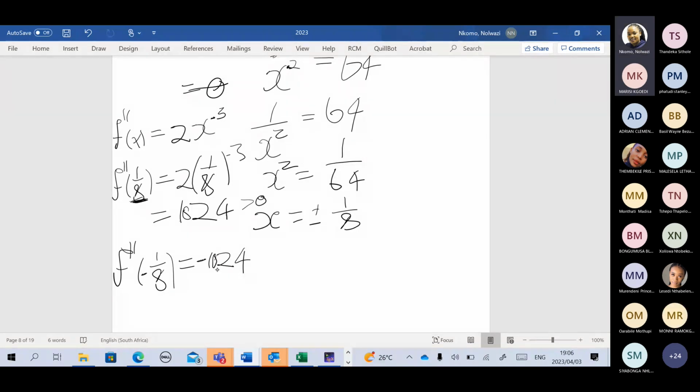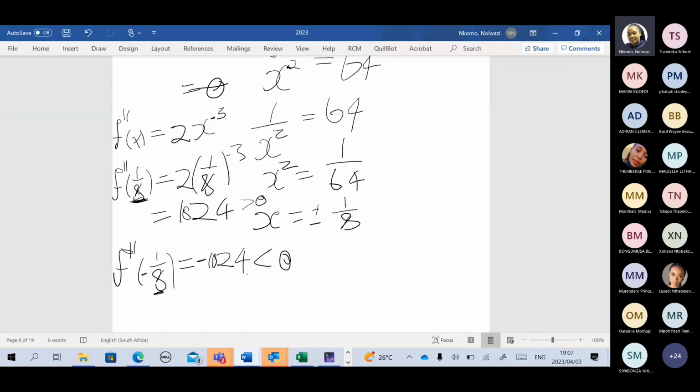Since this is negative, less than 0, the point where x is equal to minus 1 over 8 is the maximum point. And since this is positive, greater than 0, where x is equal to 1 over 8, that is the minimum turning point.